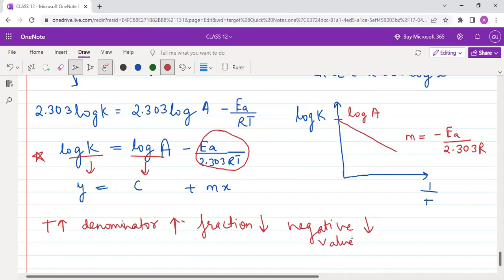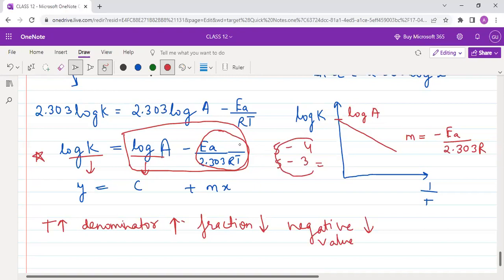And if the negative value is decreasing, that means the right hand part, log A minus Ea by 2.303 RT, will increase, because a lesser value is getting subtracted. If earlier 5 minus 4 was getting subtracted, now 5 minus 3 will get subtracted, because the negative value is decreasing.